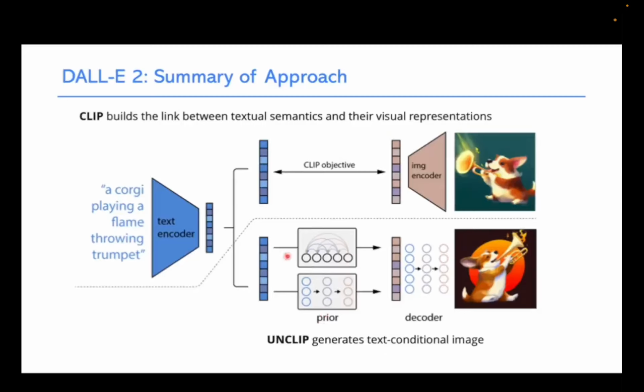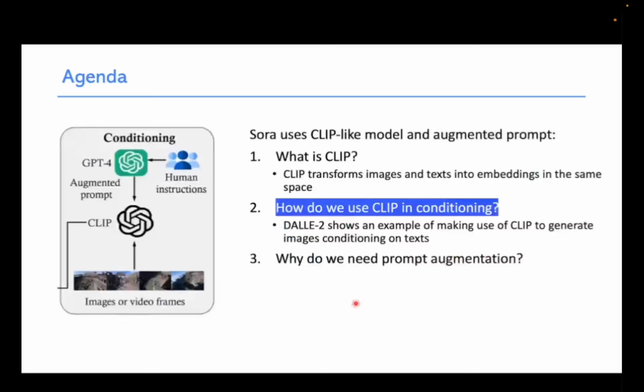And as you can see here, this looks slightly different from the architecture we see, because the first one represents the autoregressive. They tried these two and found that the diffusion one works better, and that's the one they used in the end. Okay, so that's DALL-E 2.